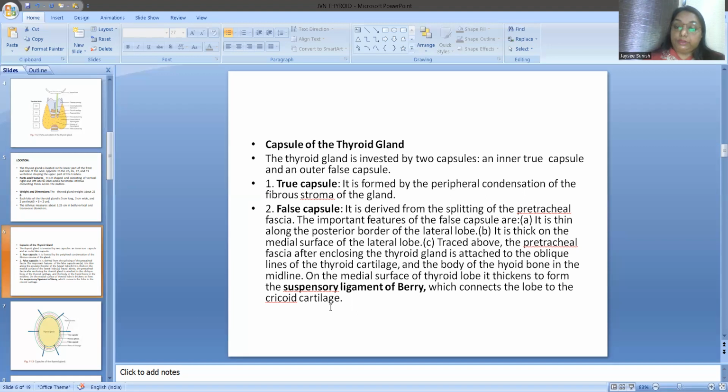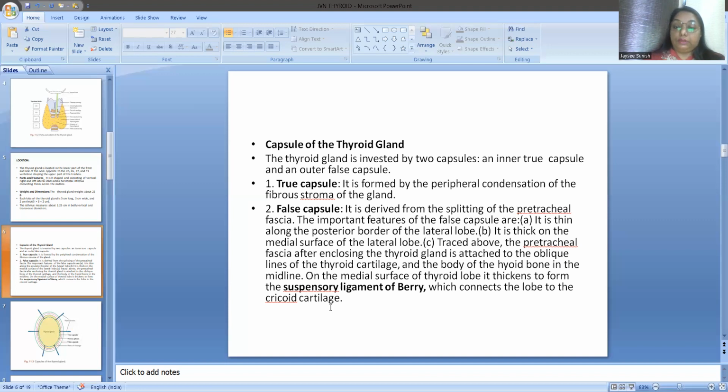The important features of the fascial false capsule are: it is thin along the posterior border of the lateral lobe and thick on the medial surface of the lateral lobe, and just above, the pretracheal fascia, after enclosing the thyroid gland, is attached to the oblique line of the thyroid cartilage and the body of the hyoid bone in the midline. So why do we say that it is true and false?